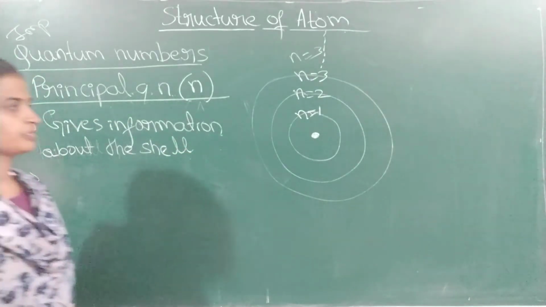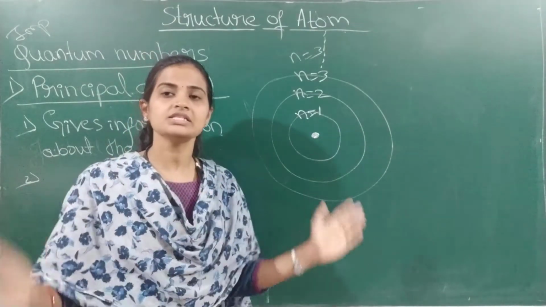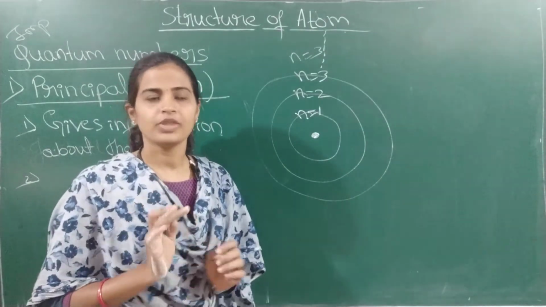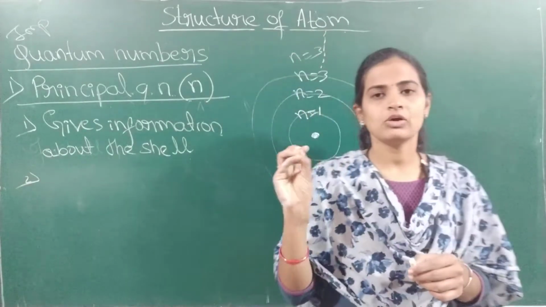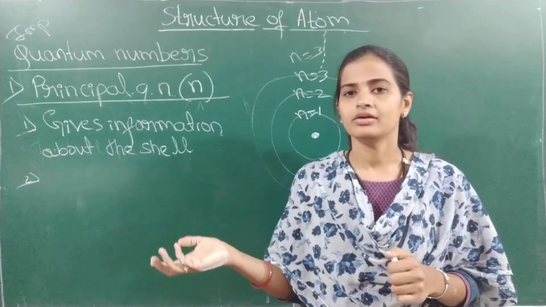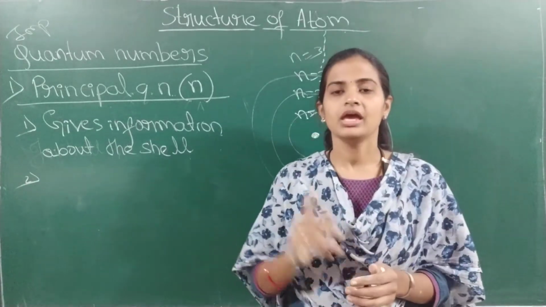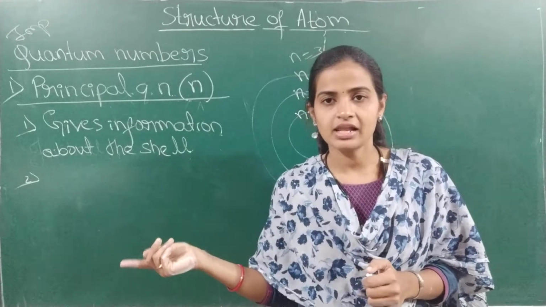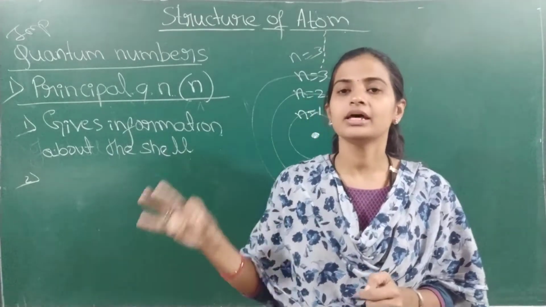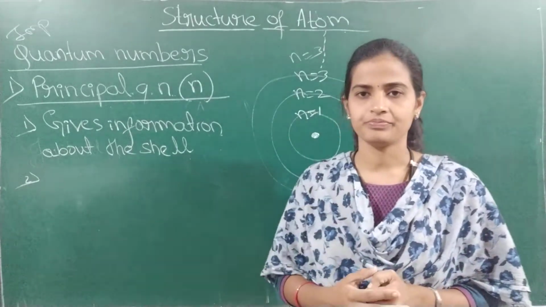Second, it also gives the information about the size of the shell. Yes or no? If I suddenly say n is equal to 1 and n is equal to 2, you can tell which is the bigger shell and which is the smaller shell. The greater the value of n, the greater is the size of the shell.